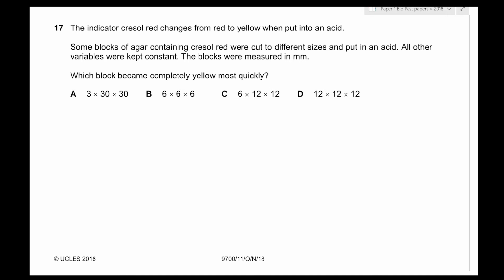So the block which became completely yellow most quickly has definitely a higher surface area to volume ratio. Why? Because diffusion happened the fastest. And a factor that increases diffusion is a higher surface area to volume ratio. Now, let's look at the value which has the higher surface area to volume ratio.